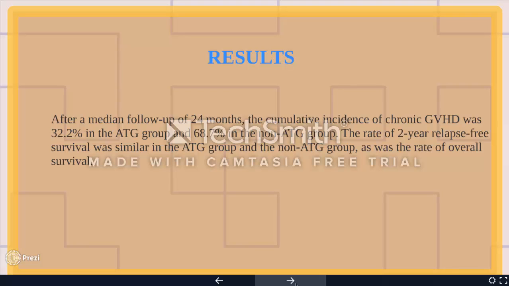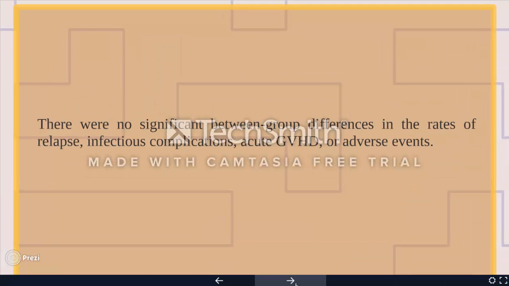The rate of 2-year relapse-free survival was similar in the ATG group and the non-ATG group, as was the rate of overall survival. There were no significant between-group differences in the rates of relapse, infection, complications, acute GVHD, or adverse events.